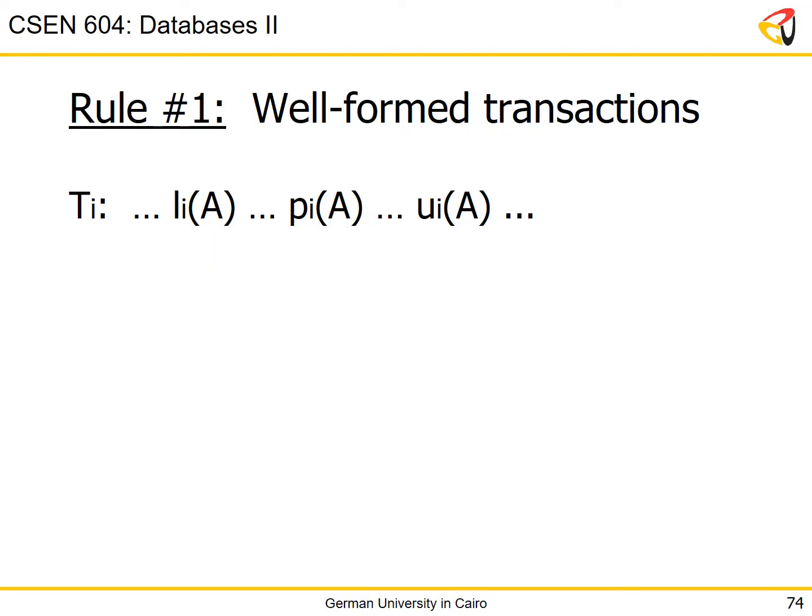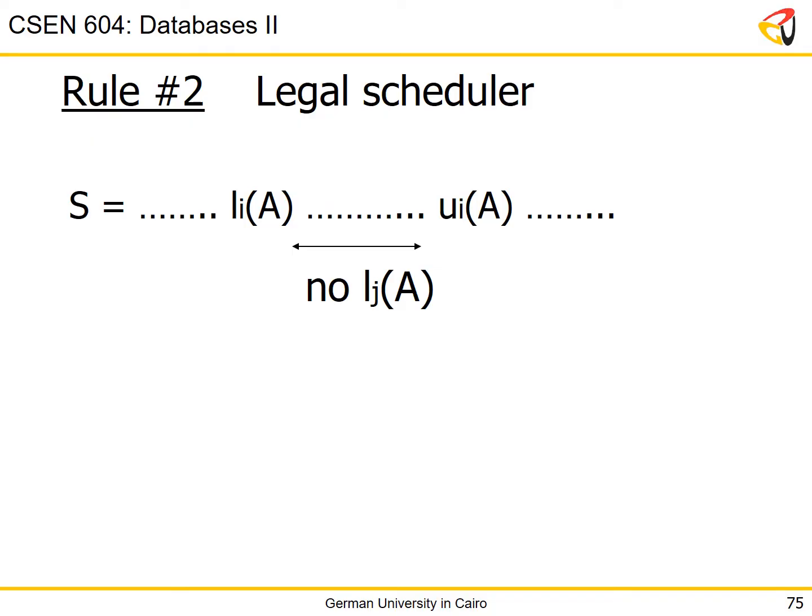If it gets it, it's going to release the lock after it's done with the resource. The P here stands for processing A. So before a transaction accesses A or processes A or does something to A, it will request the lock for A. And when it's done with the processing of A, whatever it's doing, it will unlock the lock on A.